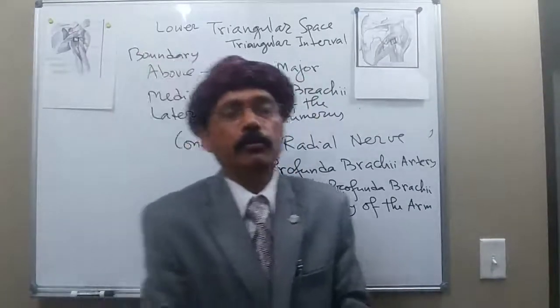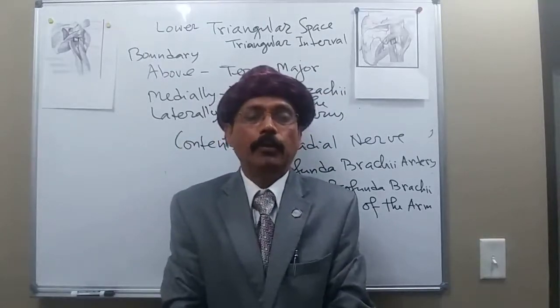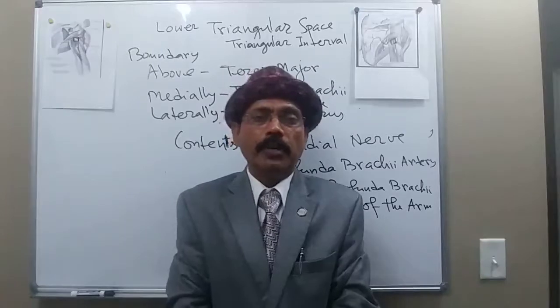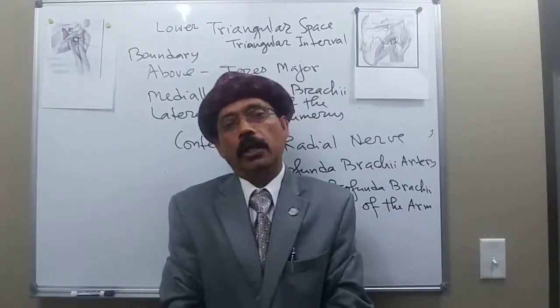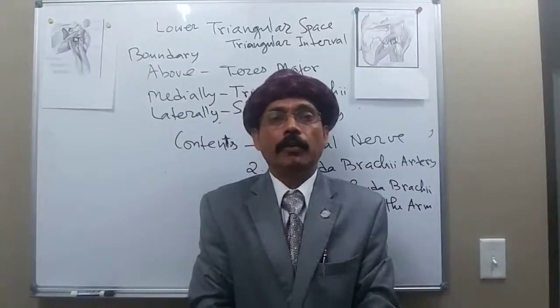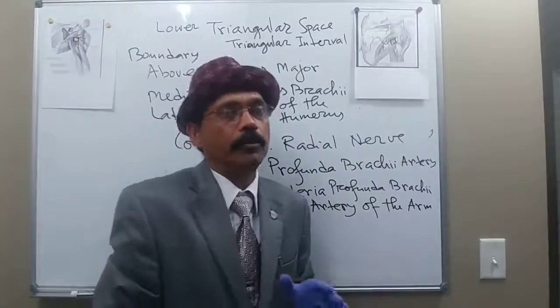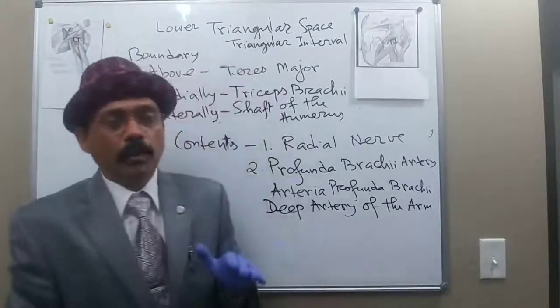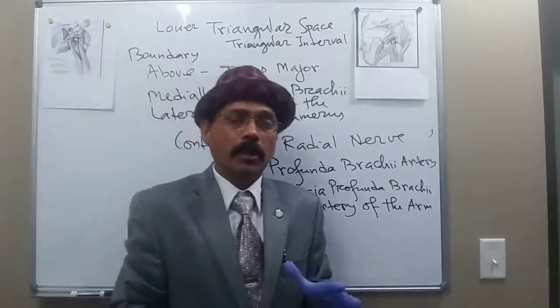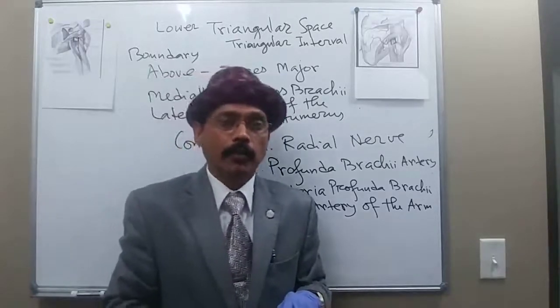What are the content? One is the radial nerve, another one is the profunda brachii artery, also called arteria profunda brachii, also called deep artery of the arm. Okay, we got the boundary and contents of quadrangular space, upper triangular space, and lower triangular space.